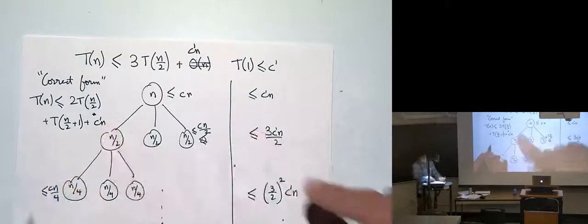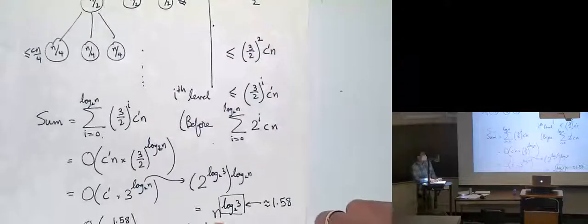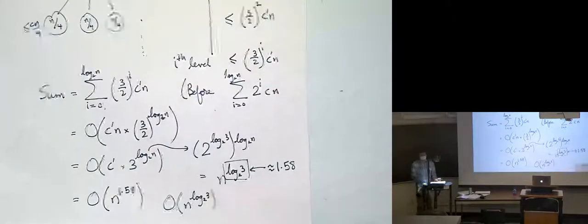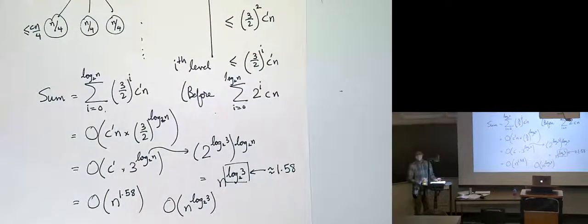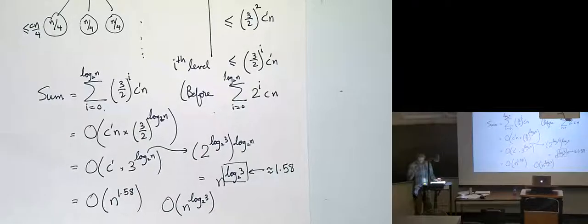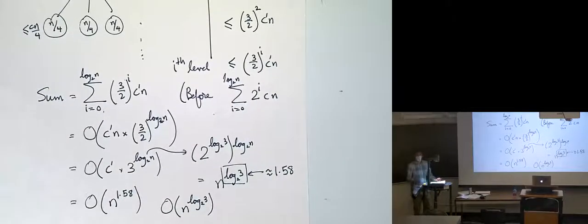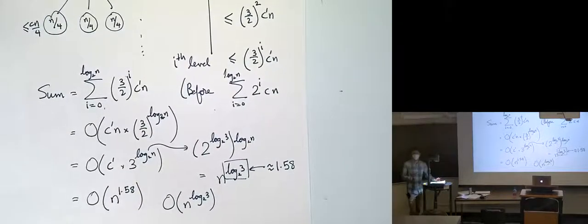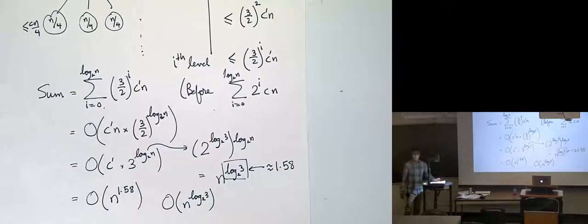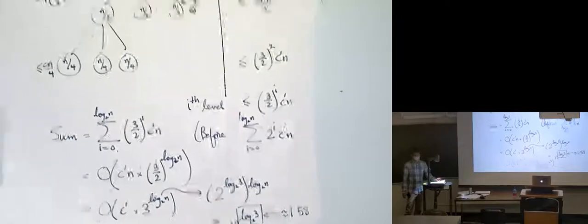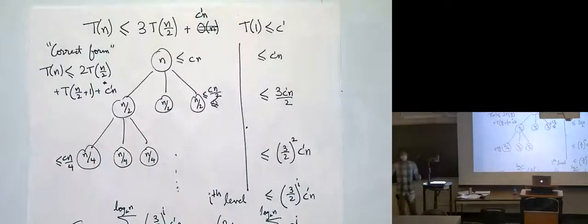But you'll see that if you actually prove this bound by induction, the n to the log base 2 of 3 will work. So you could just prove it by induction directly. That's usually how you would do it: you do all this calculation to guess the right form, and then you prove it by induction. Indeed, if you did something like n to the 1.6, it will just work. Okay?